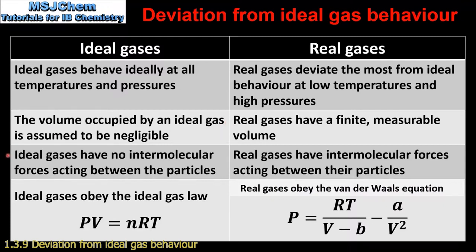Ideal gases have no intermolecular forces acting between the particles. Real gases do have intermolecular forces acting between their particles. And finally, ideal gases obey the ideal gas law, which is PV equals nRT. Real gases obey the van der Waals equation, which we'll look at in more detail in the next video.